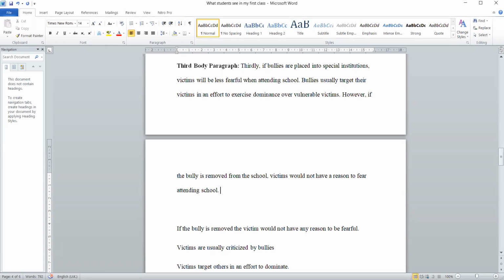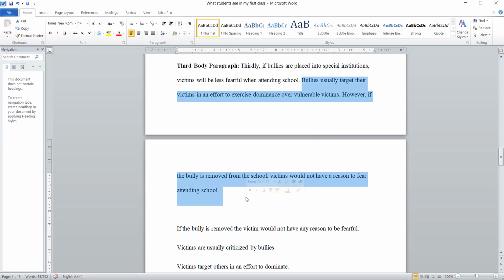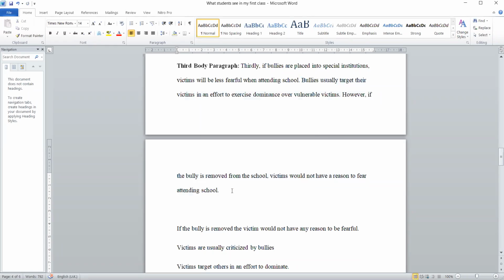What is missing from this body paragraph now? We have a supporting point, supporting information, sorry, to support the point. But what else do we need to persuade our audience? Point, body, support, link. We don't link it yet.